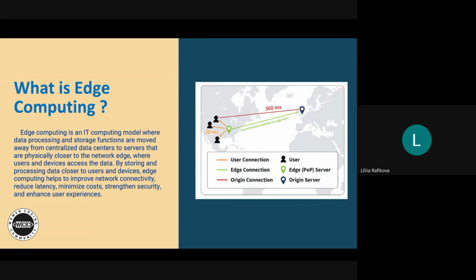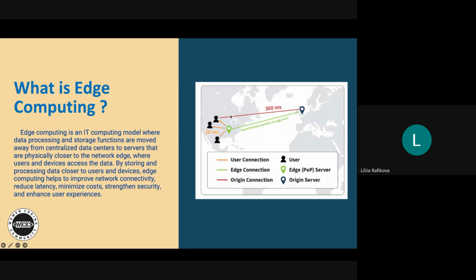If you take a look at the picture, for example, someone has a data center in one part of the world, but there is the green one, which is called an edge server, or POP. It is located close to the users.